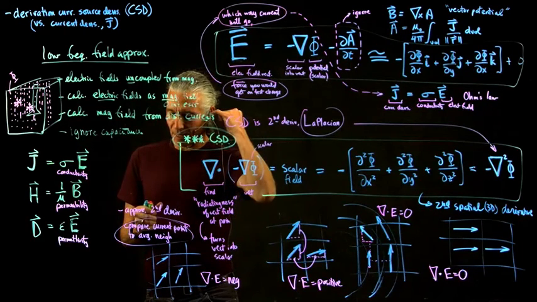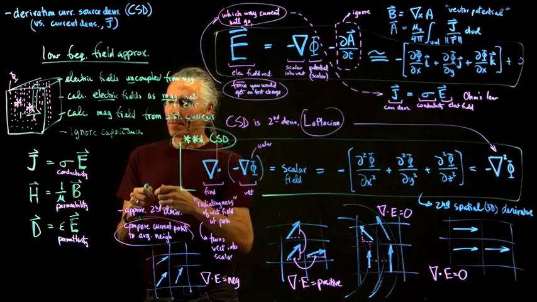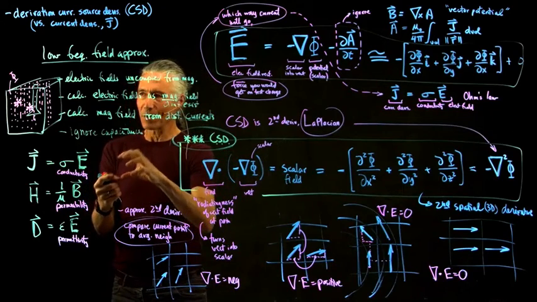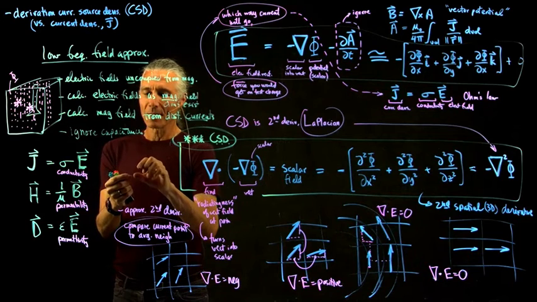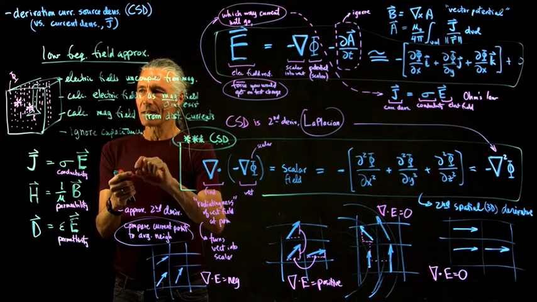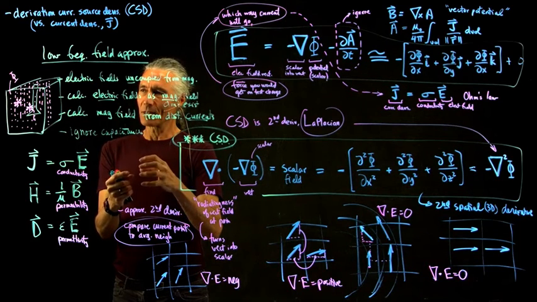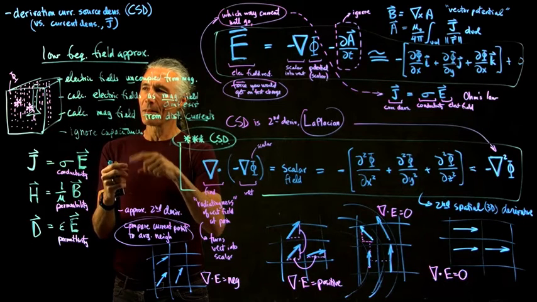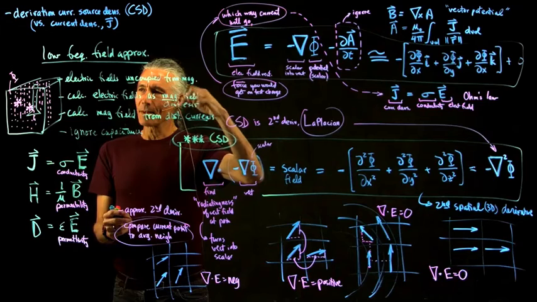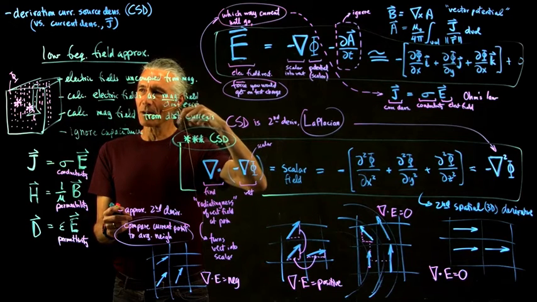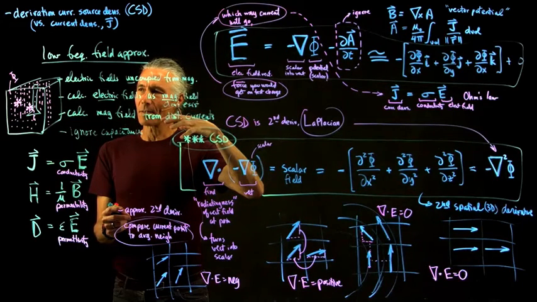Next week I'm going to talk about how you actually use these equations to get a forward solution. If you've got some sources and sinks in the brain, what would we expect the currents to be on the outside of the brain?